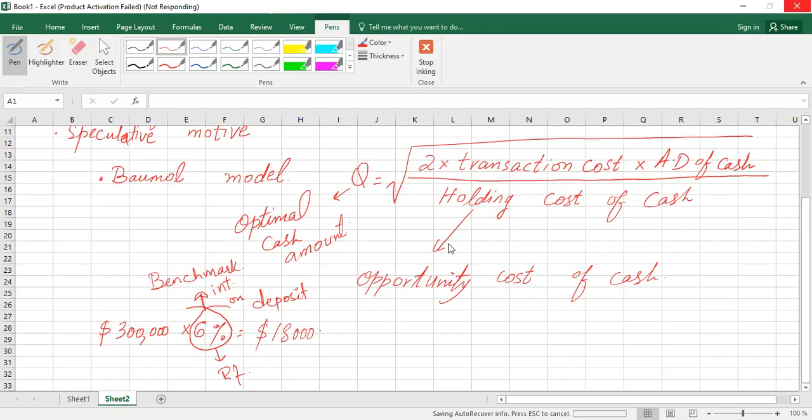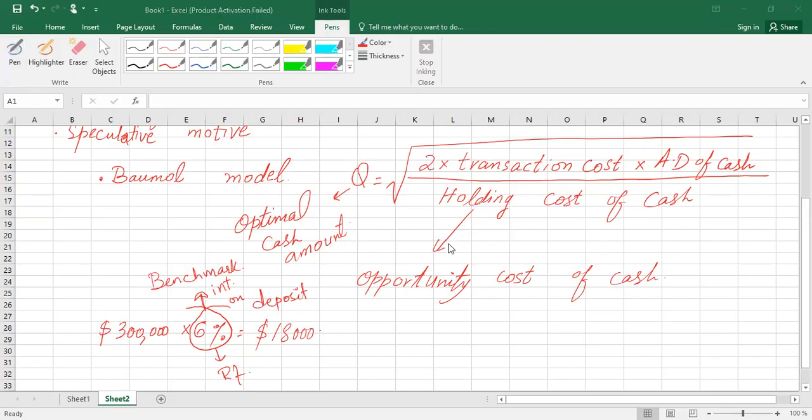Similarly, if we talk about EOQ, or inventory, what is meant by holding cost of inventory? Holding cost of inventory is not only the storage cost or storage rent. In case of inventory, there is also an opportunity cost, which is also part of the holding cost of inventory. There is always an opportunity cost of holding inventory as well.